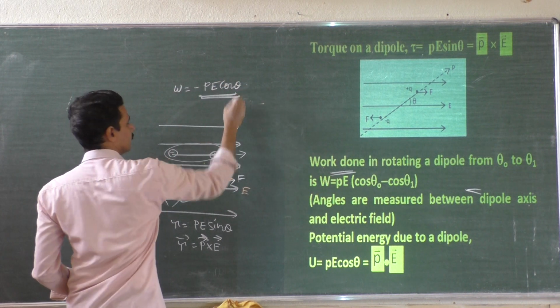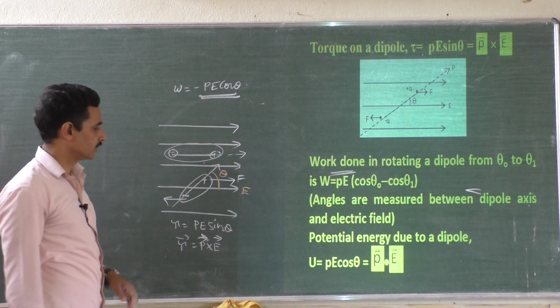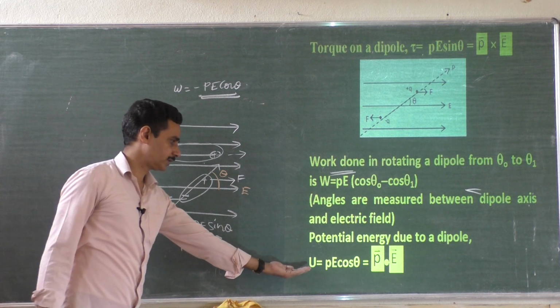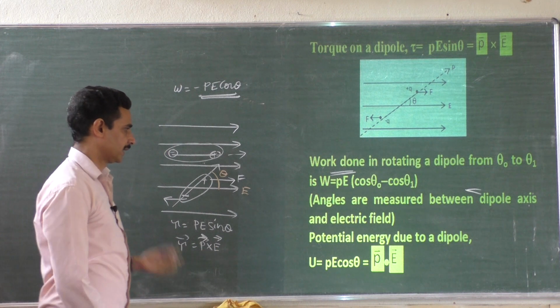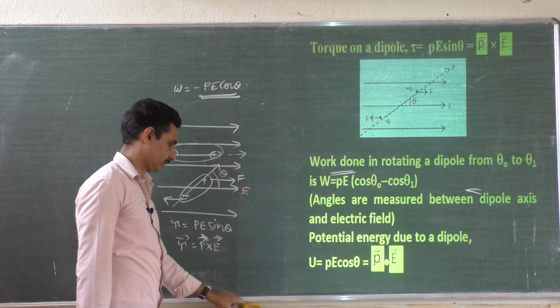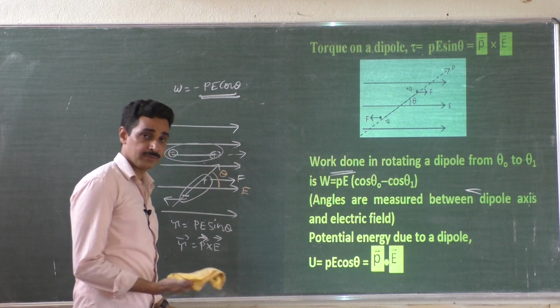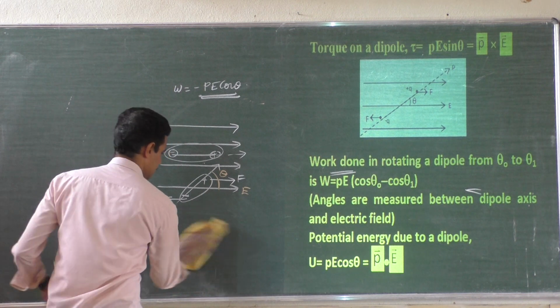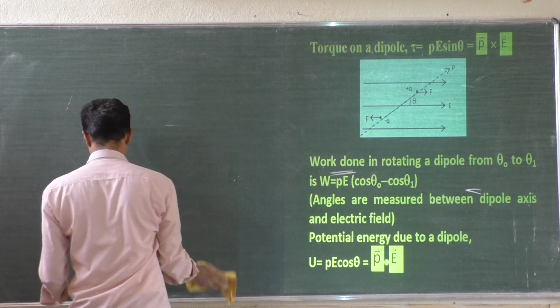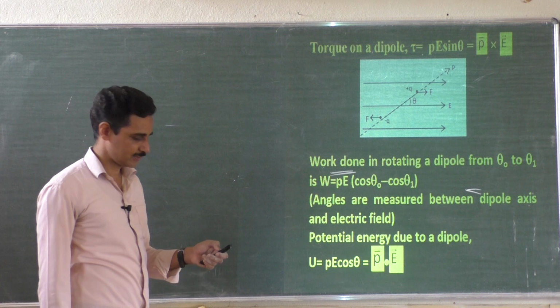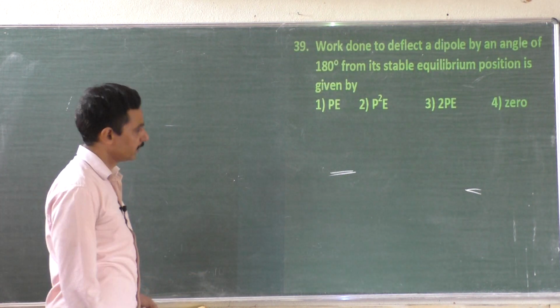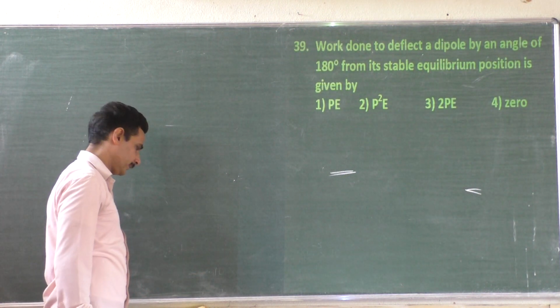So these two formulas: potential energy stored is minus P dot E, and work done is the change in that. With this information, I won't spend much time on whatever you have studied in theory, because it's a waste of time. If you have not followed this, go to your theory notes and see that. Most of you will know this, no problem.